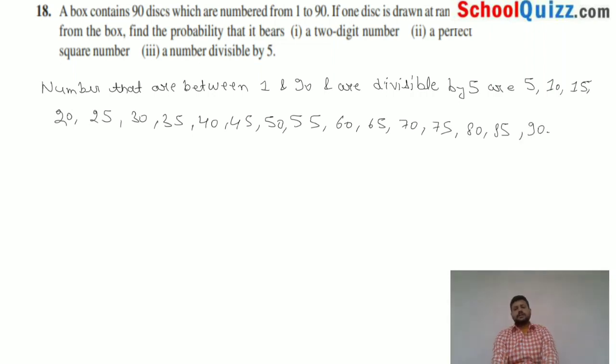So these are the numbers that are perfectly divisible by 5 and they lie between 1 and 90.